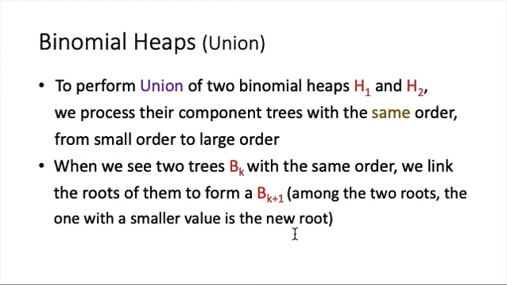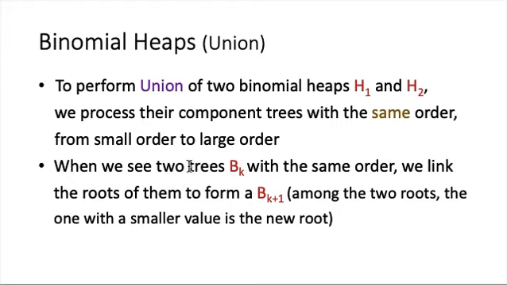Now, to perform union of two binomial heaps, let's call them H1 and H2, we are going to merge the two. We process their component trees in a certain order, from the smallest k first to the largest k, from small order to large order.